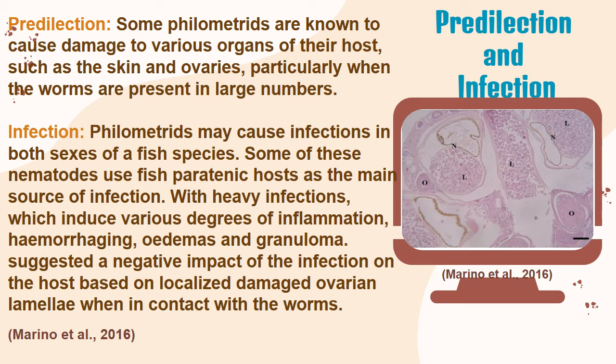Some of these nematodes use fish paratenic hosts as the main source of infection, with heavy infection inducing various degrees of inflammation, hemorrhaging, oedemas, and granuloma, suggesting a negative impact of the infection on the host, with lesions that make the ovarian lamellae disrupted when in contact with the worms.